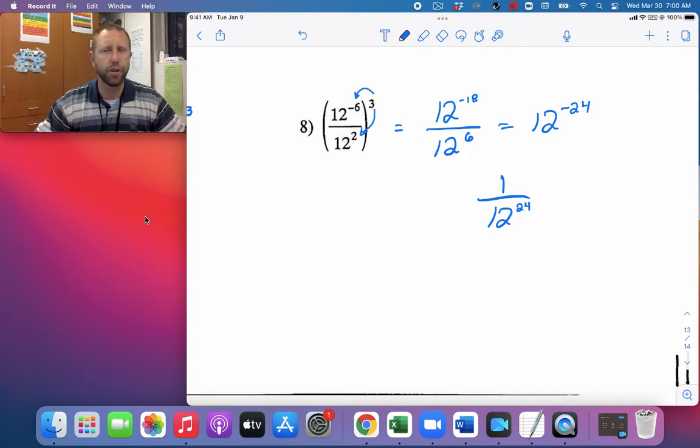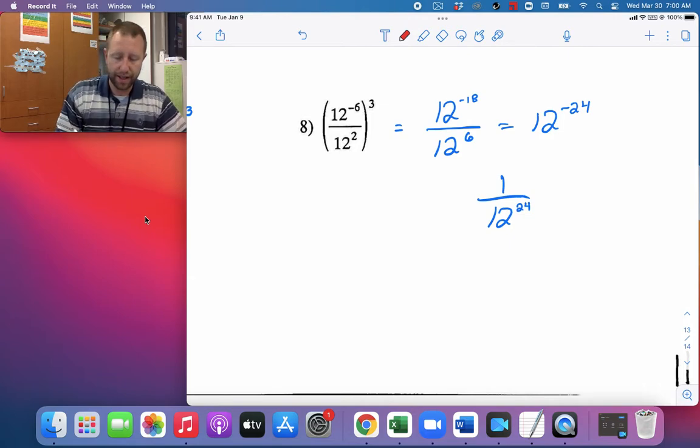Okay. Now I want to show you real quick how we would have gotten the same answer doing it the other way. All right, if I erase my arrows, and I'll do this in red so you can see it's a completely different way. If I do what's inside the parentheses first, which is just this quotient rule, okay, negative 6 minus 2, that's going to give me negative 8.